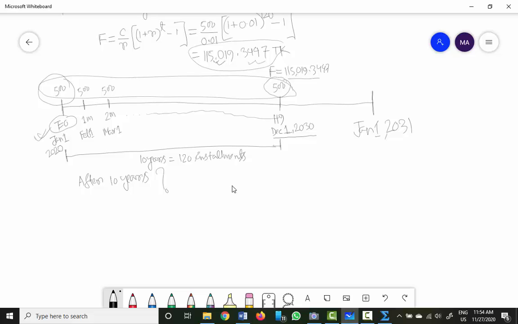That means if you want to know the future value at this period, 2031, you need to move this amount 1 month forward.